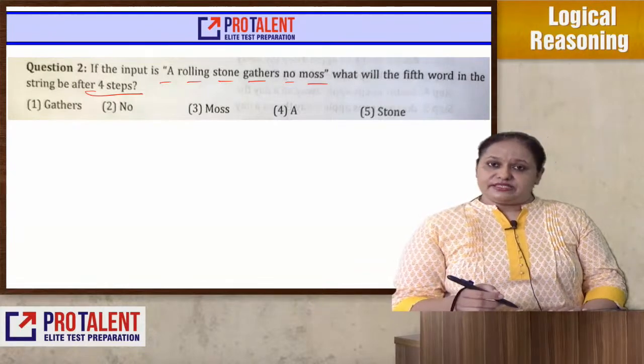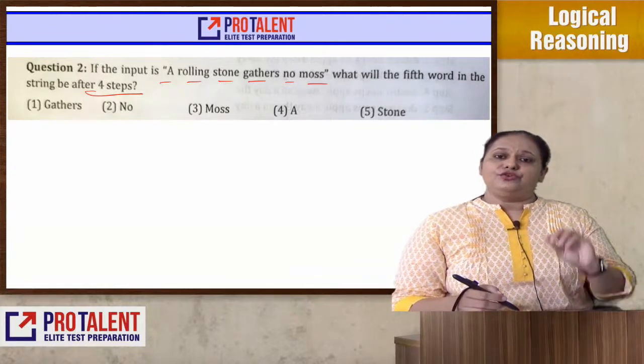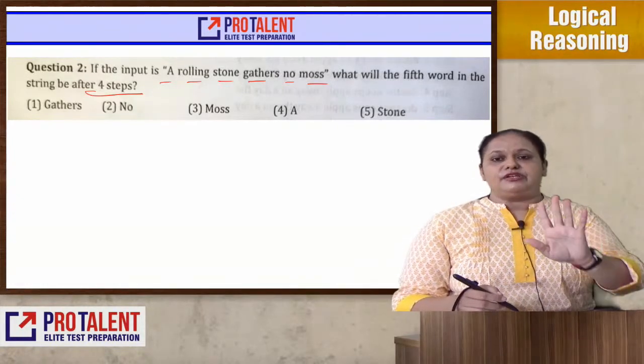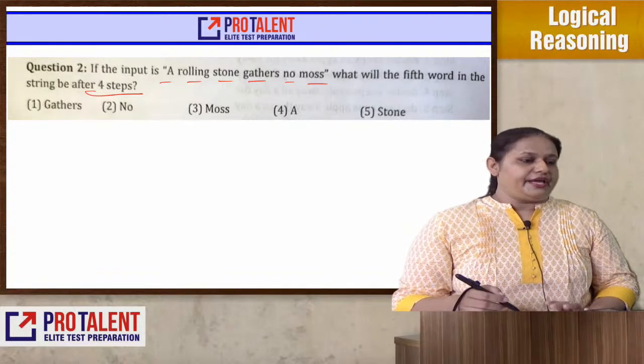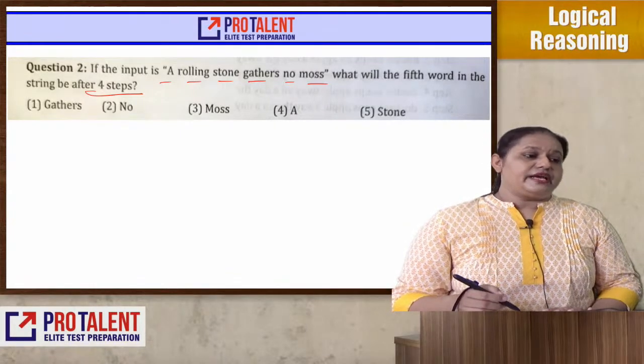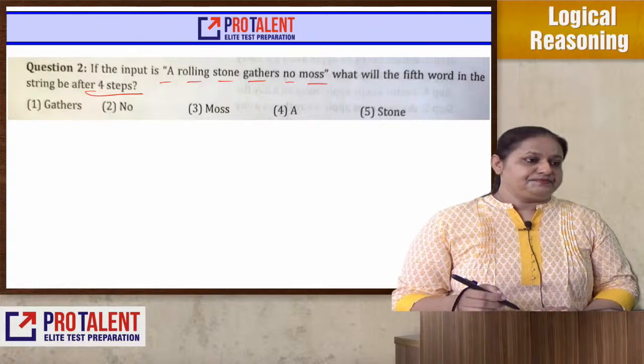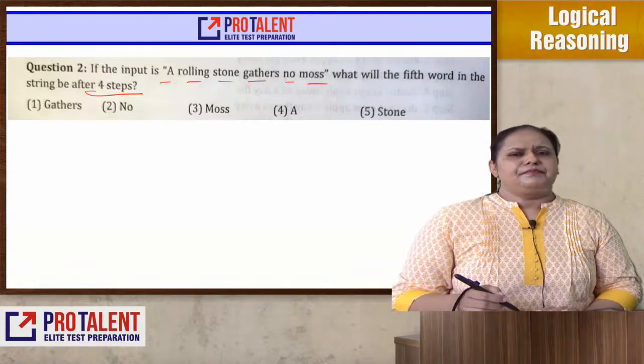So 6 letters are there. Not necessary that you do all the 5. You go up to step 4 and then you have to find which will be the fifth word. Yes, Riddhi, according to me also only 3 steps are coming. Fine.